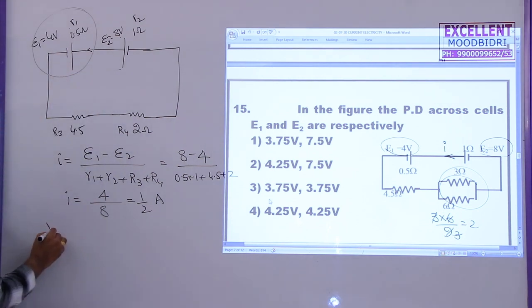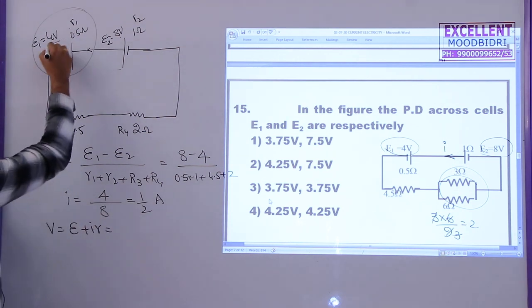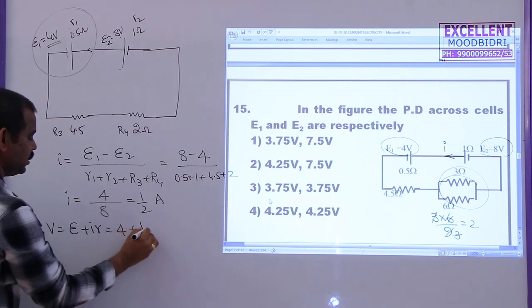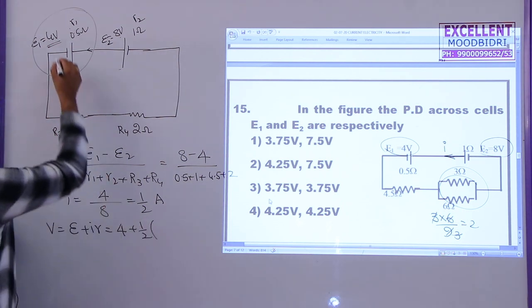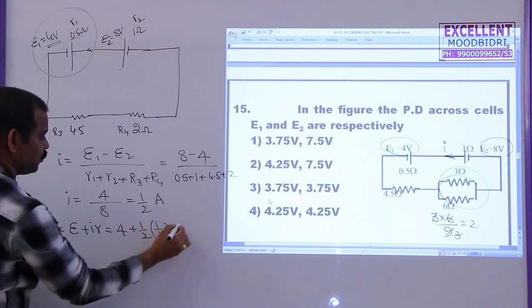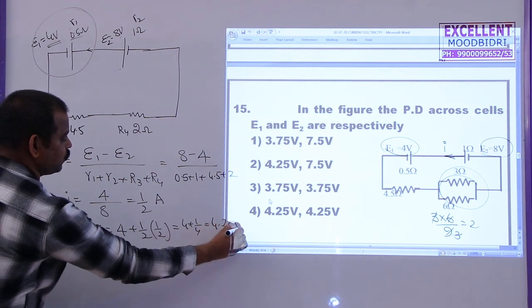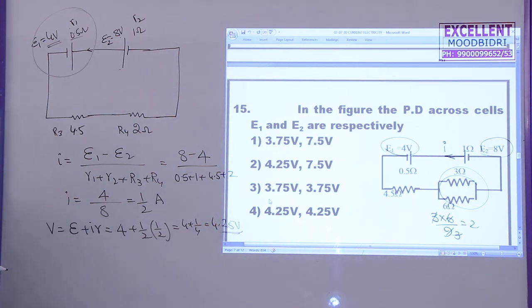When the cell is charged, we can write V is equal to E plus IR, where E is equal to 4 volts plus I is equal to half, and resistance here is also half. So this will be 4 plus 1 by 4, so 4.25 volts. This is the voltage across the first one.